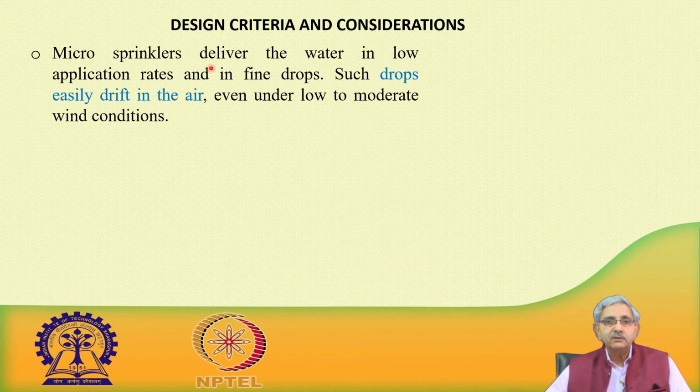The design criteria for a micro sprinkler is to deliver water at a low application rate and in fine drops. Such drops can easily be drifted by wind or air. So, we need to operate the system when there is less, moderate or no wind.